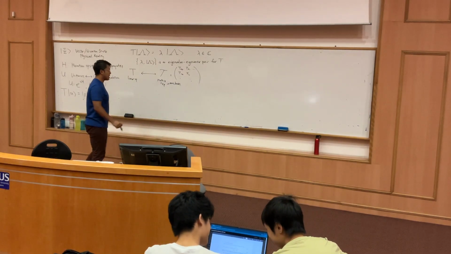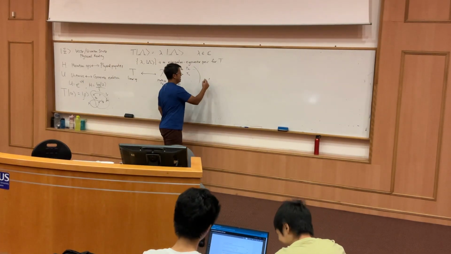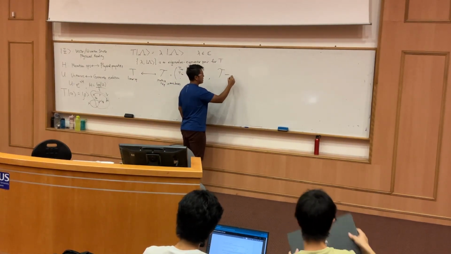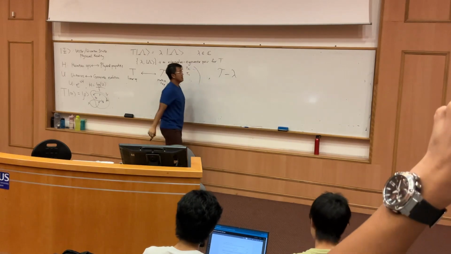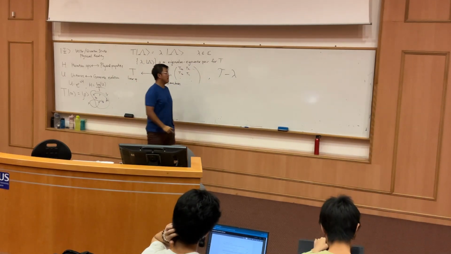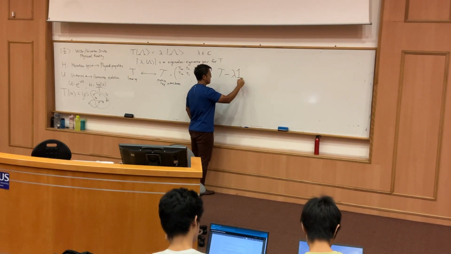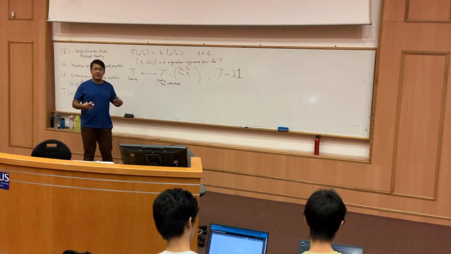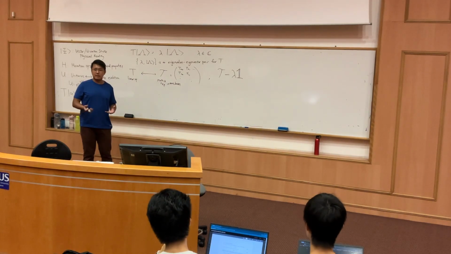Then you construct this: you take the matrix and you take away lambda multiplied by the identity. I want to make things consistent, right? I can only subtract a matrix from a matrix.